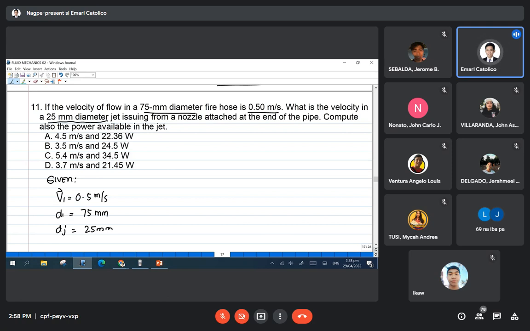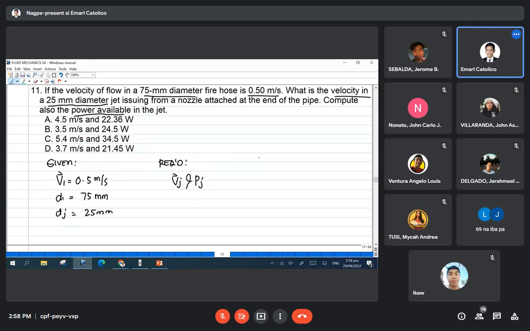Ang hinahanap dito is the velocity, and also yung power. Velocity ng ating jet and power ng ating jet. Okay? Okay, so solution.